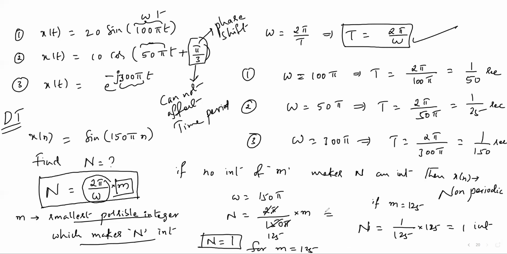In case you have pi remaining or square root 2 like this, then for no integer value of small m is capital N an integer. Such kinds of signals are non-periodic signals.